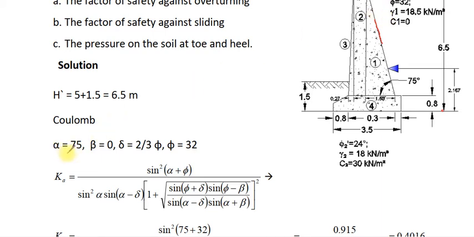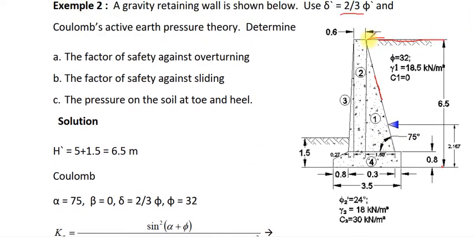Alpha equal to 75 here. Alpha, this angle is alpha, and beta equal to 0. Beta is the angle of the back surface. The back surface here is horizontal, or beta equal to 0. Delta equal to 2/3 multiplied by phi. Phi is the angle of internal friction. Phi equal to 32.